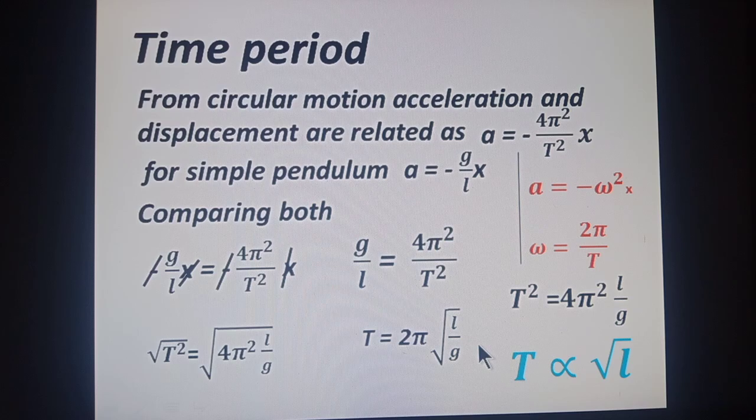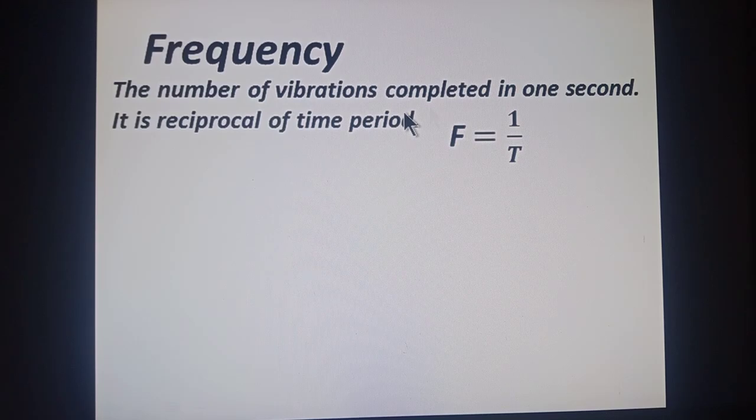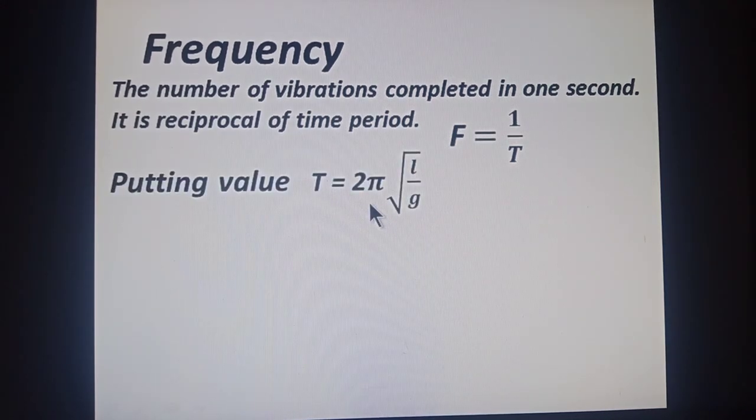Now students, what will be the frequency of a simple pendulum? You know, frequency is the number of vibrations completed in 1 second, meaning how many vibrations a simple pendulum completes in 1 second. You know, frequency is the reciprocal of time period. We will put the value of time period that we just calculated in this equation, and we will get the value for frequency.